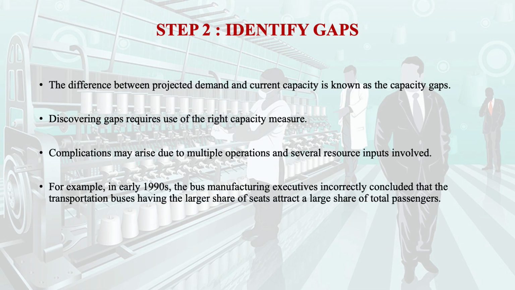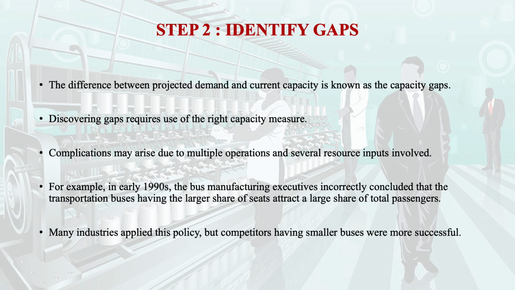If I take the example, the bus manufacturing executives incorrectly concluded that a transportation bus having the larger share of seats attracts a large share of passengers. Many in the industry applied this policy, but competitors with smaller buses were more successful.